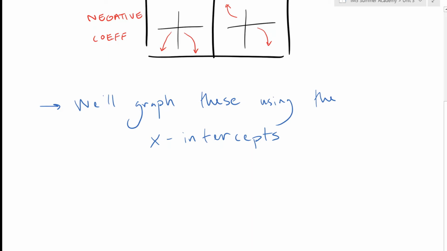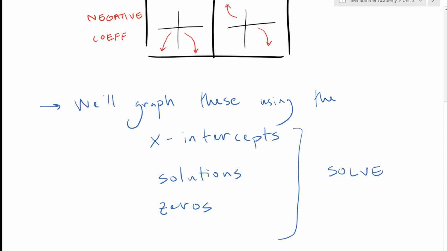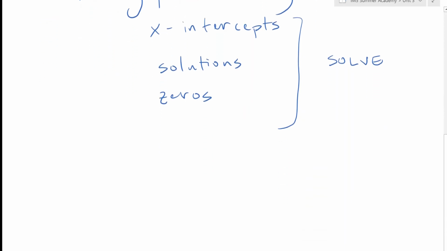Because remember, X-intercepts, other words for those are solutions or zeros. Okay, these all are asking us to solve the problem. So x equals blank, blank, blank, whatever those numbers are, those will be the X-intercepts.